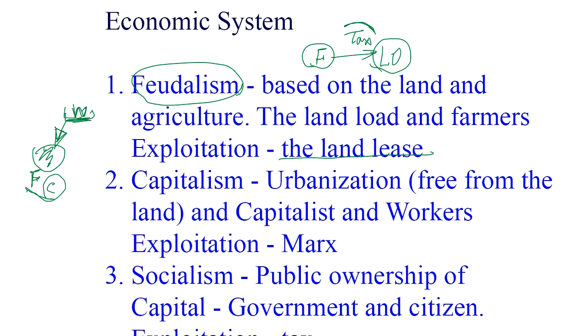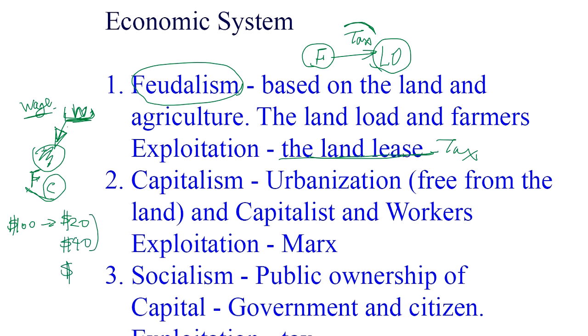So the exploitation of workers changes from land lease tax to wages. And what wages are, say, according to Marx, a $100 product the factory produces, maybe $20 is material and $40 is labor.